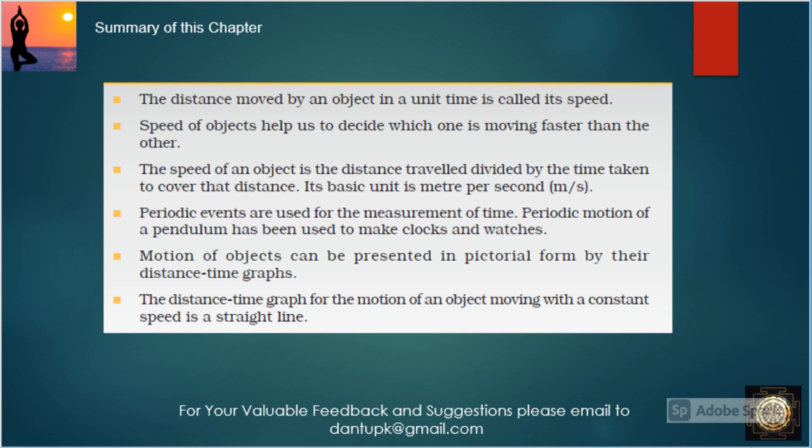Its basic unit is meter per second. Periodic events are used for the measurement of time. Periodic motion of a pendulum has been used to make clocks and watches. Motion of objects can be presented in pictorial form by their distance time graphs. The distance time graph for the motion of an object moving with a constant speed is a straight line.